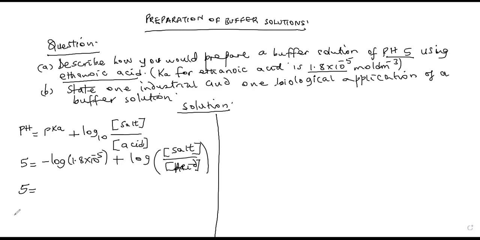When you take the negative logarithm of Ka, it will give you 4.745, plus logarithm of the concentration of sodium ethanoate out of the acid, which is ethanoic acid.